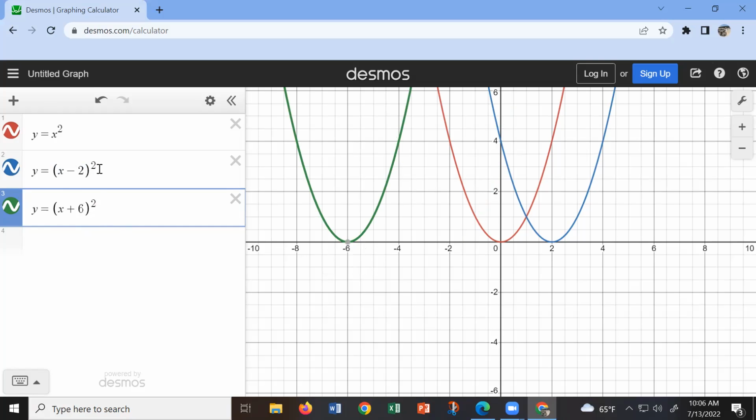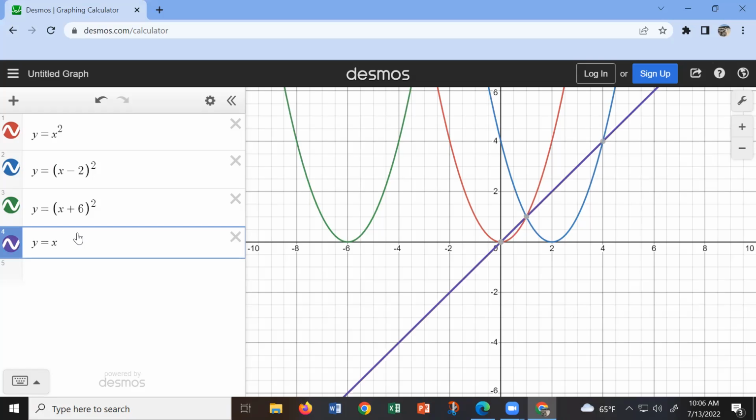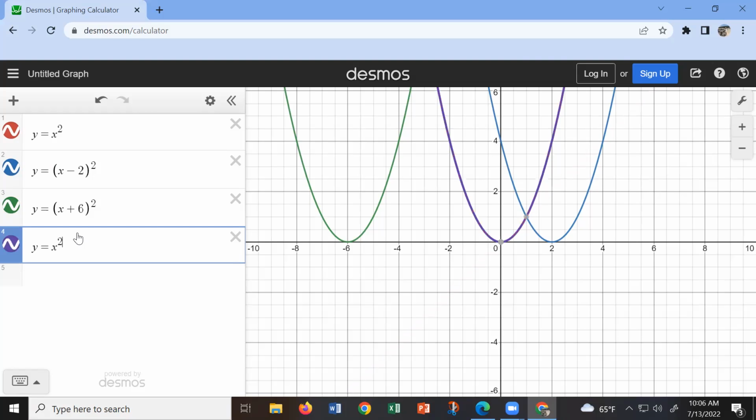Now, what happens if I add another component? Maybe I'll add this. I say y equals x squared plus 1.